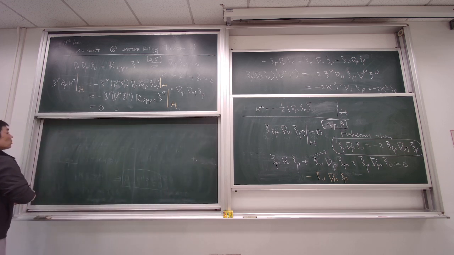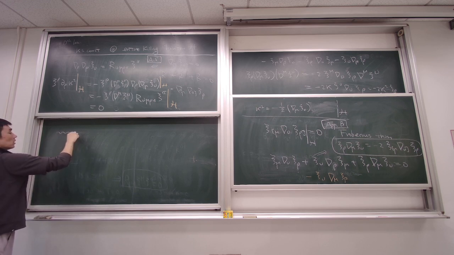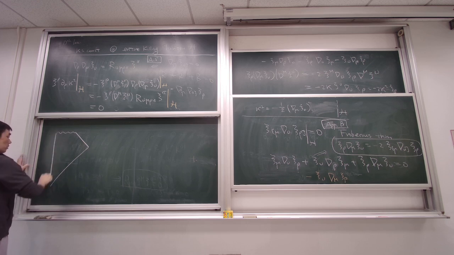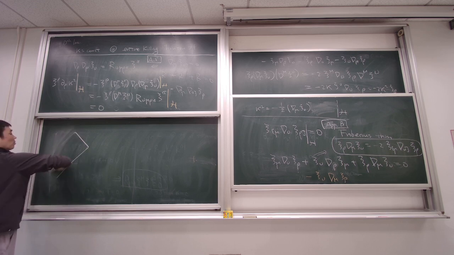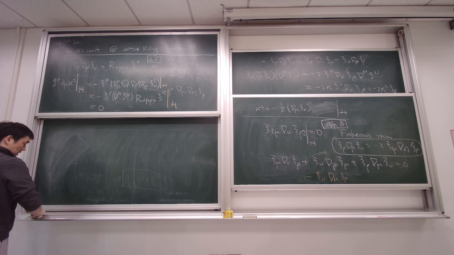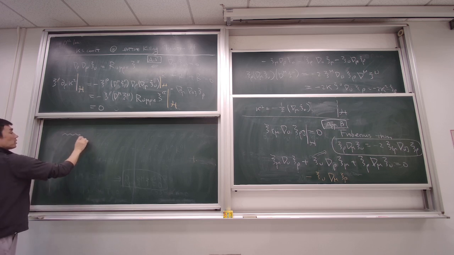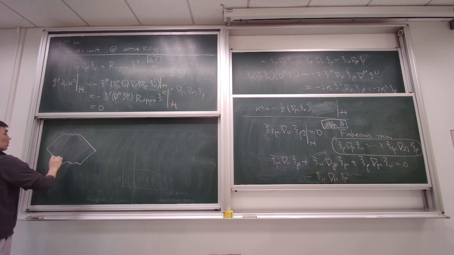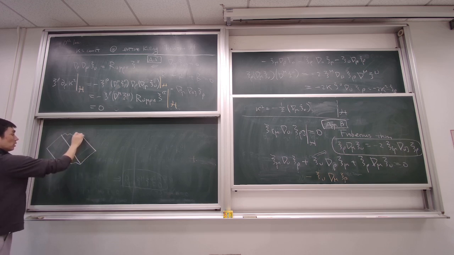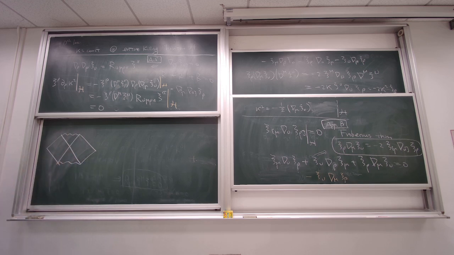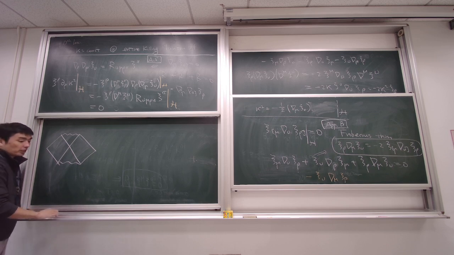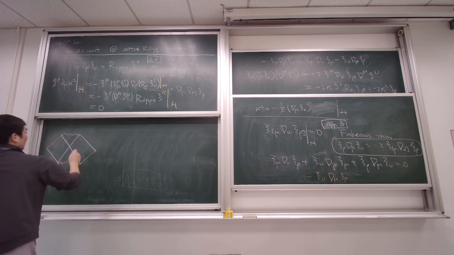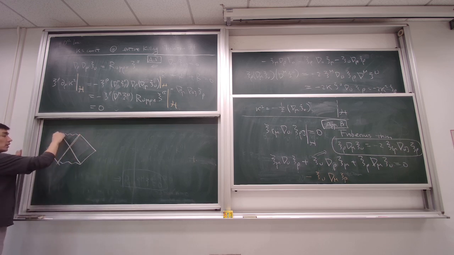Okay, so let's consider the following facts. If you consider maximally extended Schwarzschild, like this way, here the Killing horizon is all these lines. The Killing horizon is also a line.